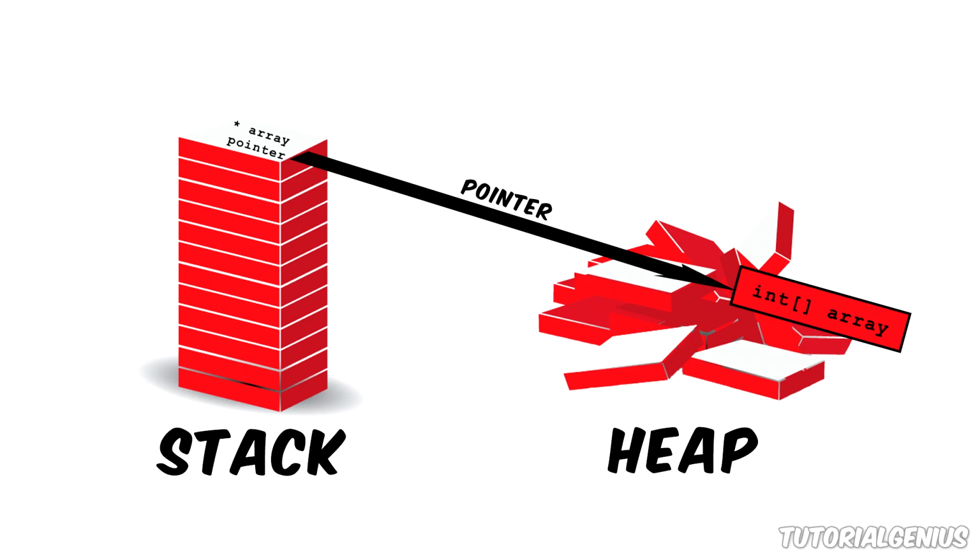So the pointer on the stack points to an area of the heap memory where your object data lives. So when you create a reference type, like an array for example, a pointer is added to the stack and the actual meat of the operation is added to the heap. The piece of information on the stack pretty much says, okay, you can find it right here at this memory location on the heap.